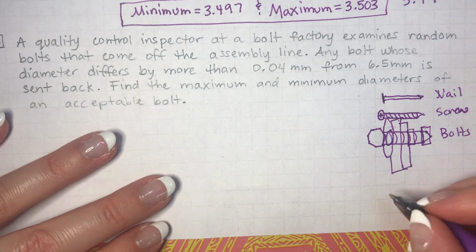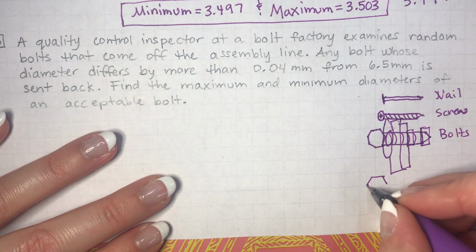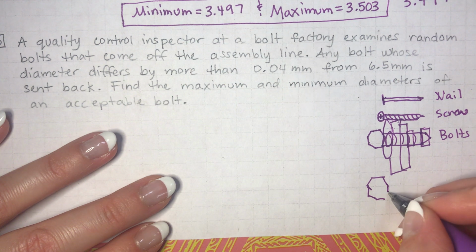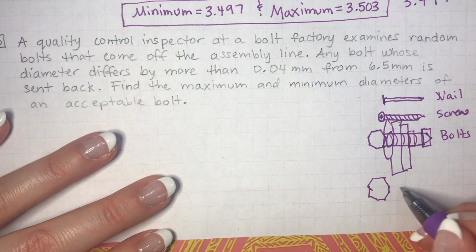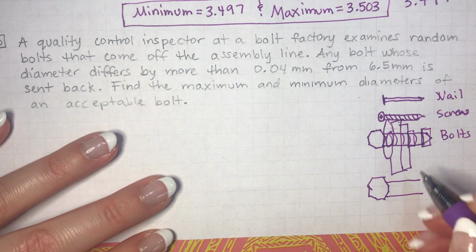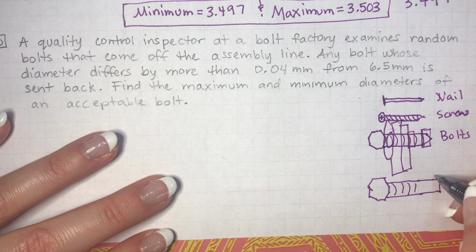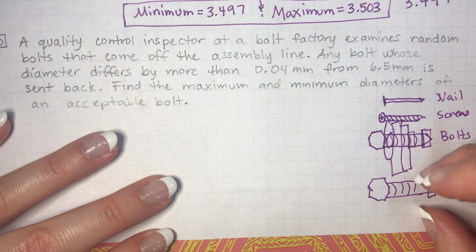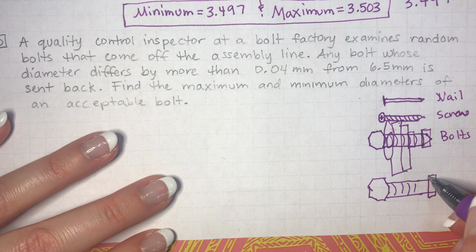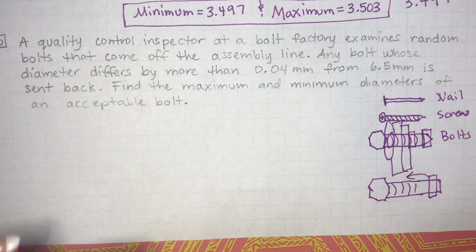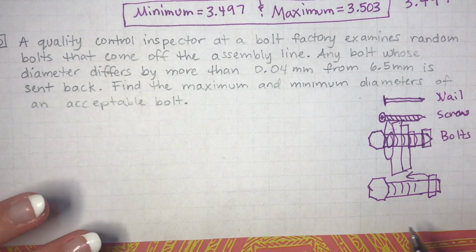Sometimes bolts can be really big, right? But there's another piece to that bolt. It screws on and moves this way, and holds two things together. All right, so that's what a bolt is.